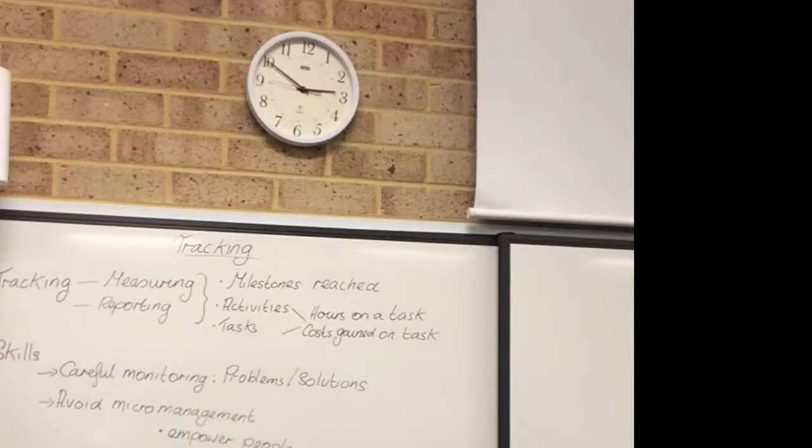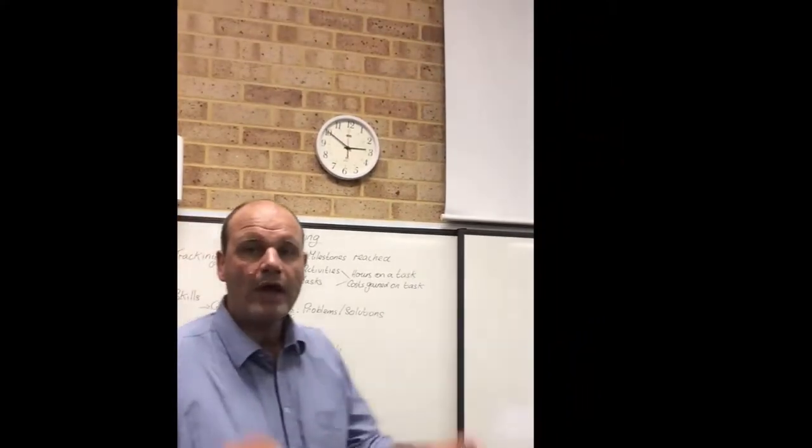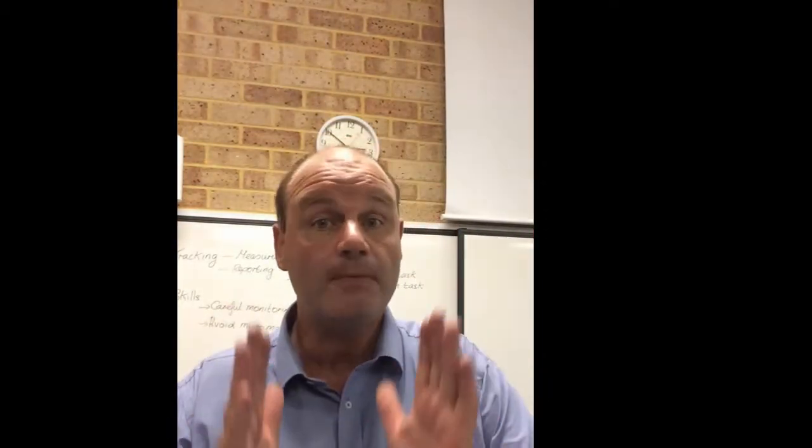Tracking is all about measuring and reporting how a particular task, subtask, or project in general is getting on. Now, at a simple level, we might want to simply track the milestones. Have the milestones been reached at a specific time?